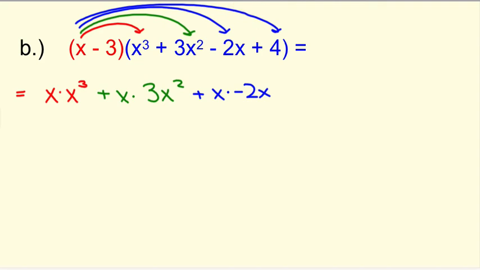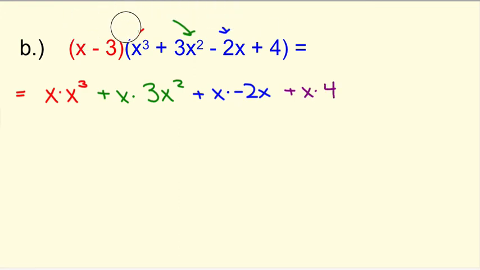Let's change colors here. Let's choose purple. All right. Now we have x times 4. All right, let's erase those arrows and we'll continue on. We have more terms to find. Now we have to distribute the negative through. So negative 3 times x.